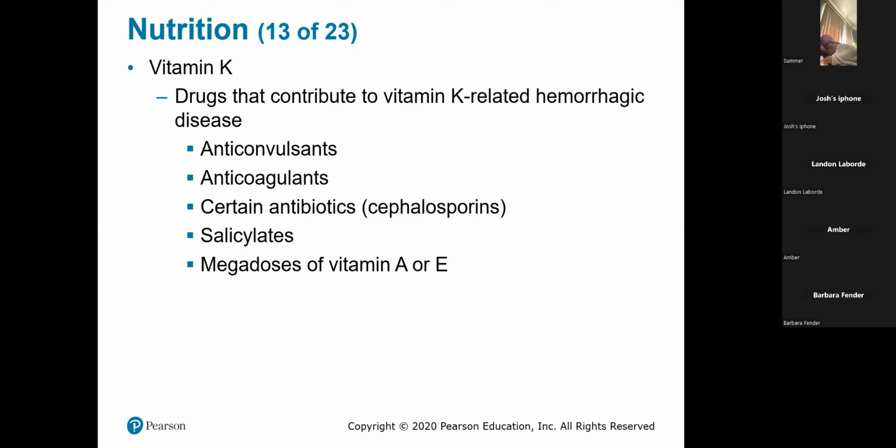Drugs that contribute to vitamin K related hemorrhagic disease, and I'm sorry I said that a little wrong, would include the anticonvulsants, anticoagulants, certain antibiotics, specifically the cephalosporins, salicylates, and megadoses of vitamins A and E.